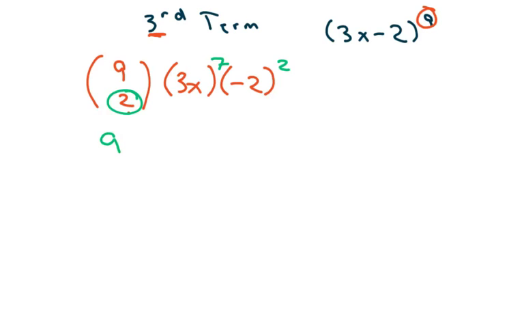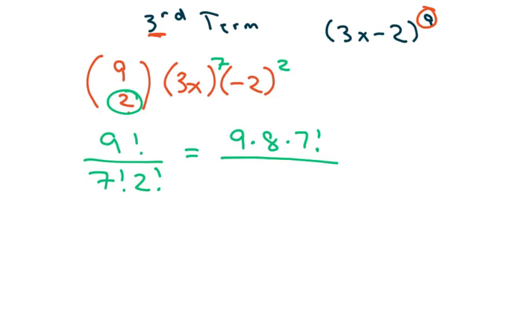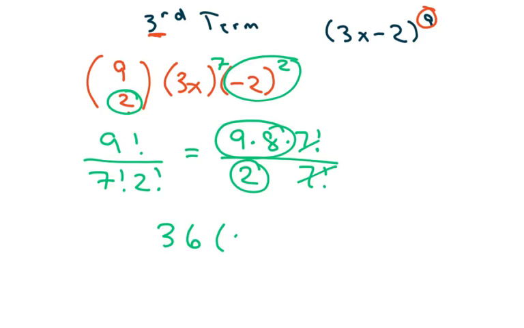And this will be 9 factorial over 7 factorial times 2 factorial, which equals 9 times 8 times 7 factorial over 7 factorial and 2 times 1. And this is 72, divided by 2 is 36.